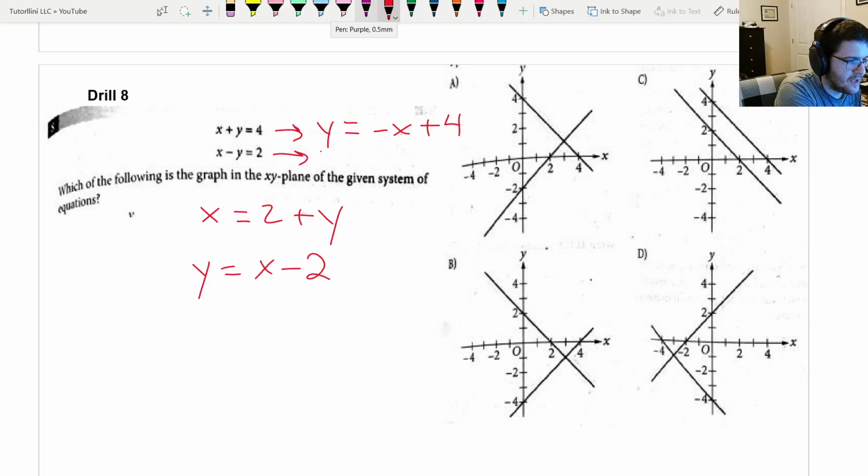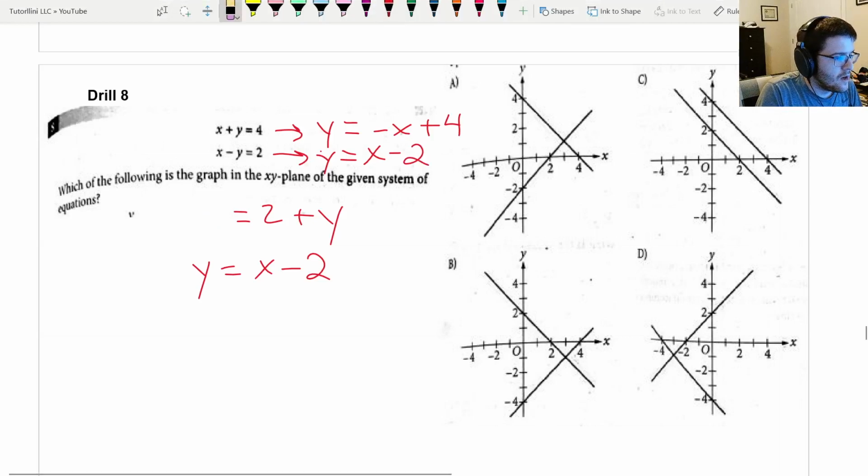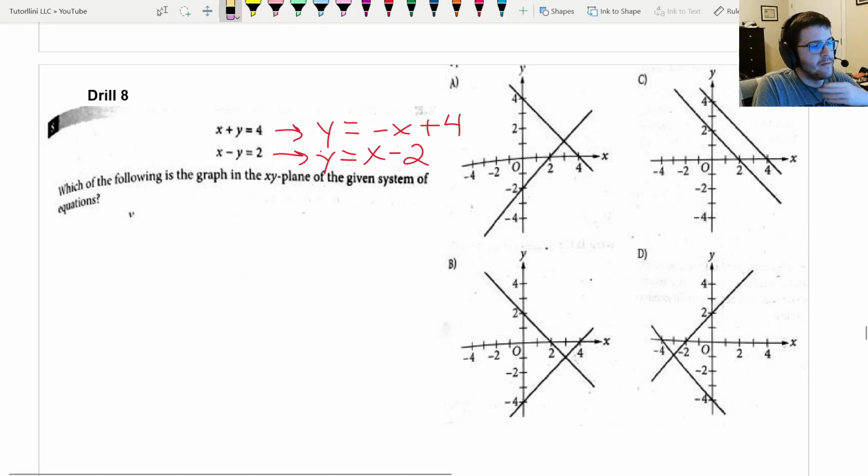So this one would be y equals x minus 2. I noticed they have different slopes. One has a slope of negative 1, and one has a slope of 1. So they must have one solution. Anything that looks like no solution or infinitely many, getting crossed off. This one has no solution, so C is wrong.